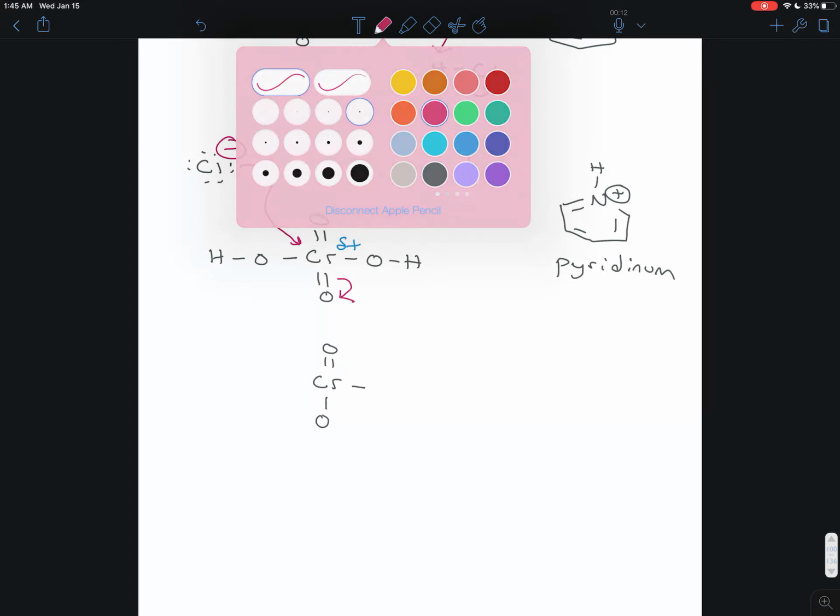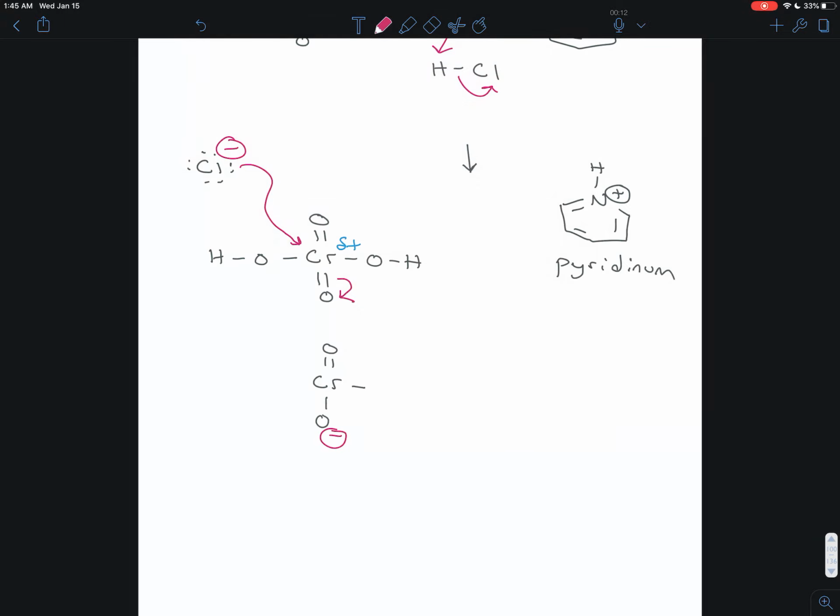That puts a full negative charge on this. You have the OH, and now a chlorine. So this part of the molecule, this whole thing, is chromate.